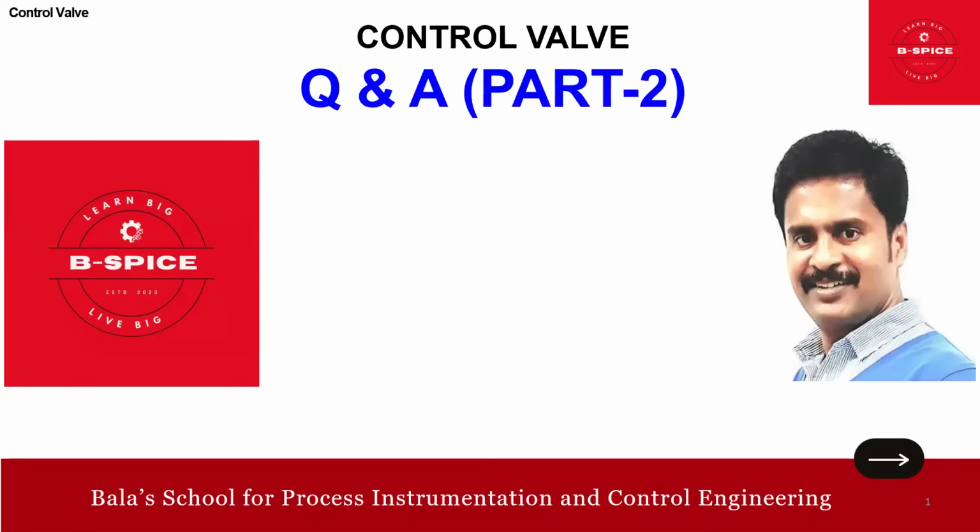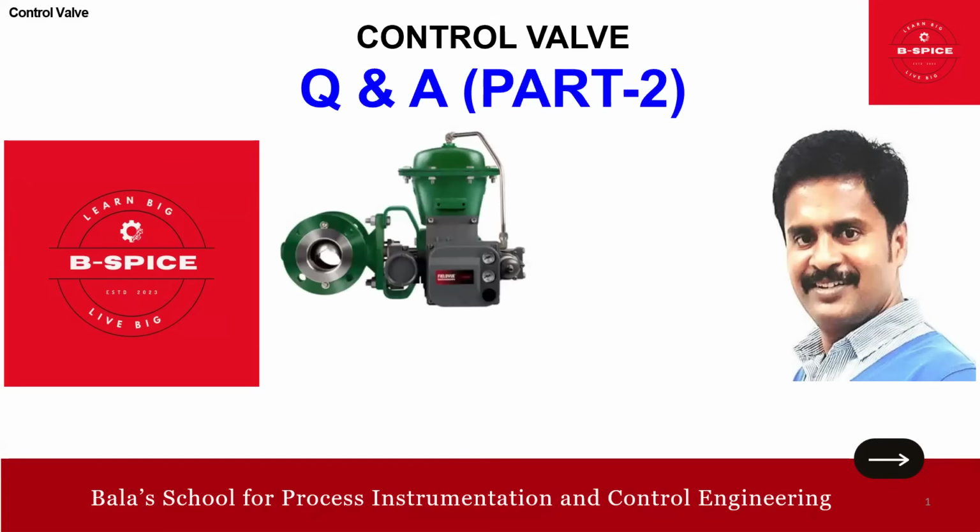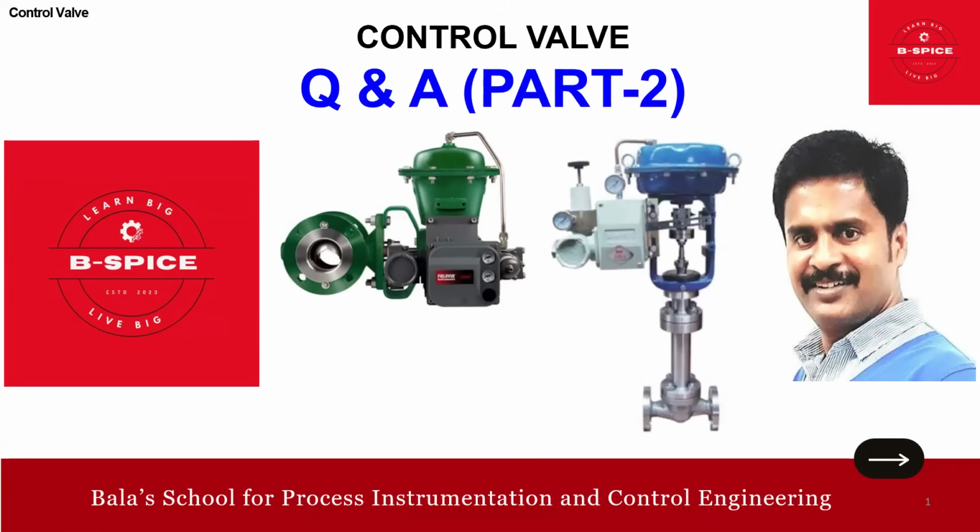In this session, we'll continue with control valve question and answer in part 2. Hope you had watched my videos on part 1, wherein we covered the definition of what is CV, what is cavitation, what is flashing and what is choke flow, and how cavitation can be contained, how flashing can be contained, and some other questions like, is the velocity of fluid in a control valve critical, and why do control valves have different characteristics, and of course, the definition of linear and equal percentage.